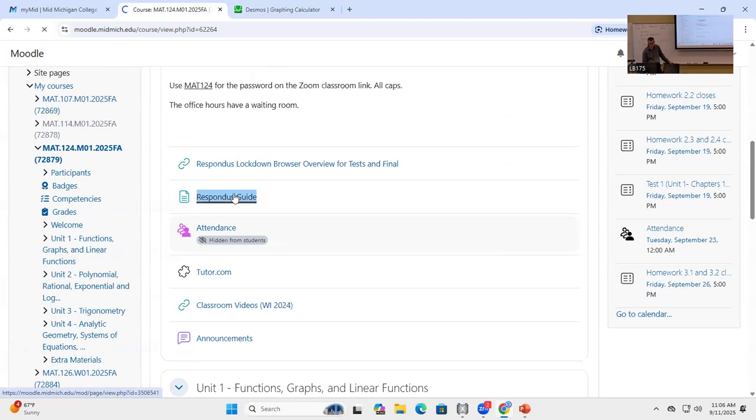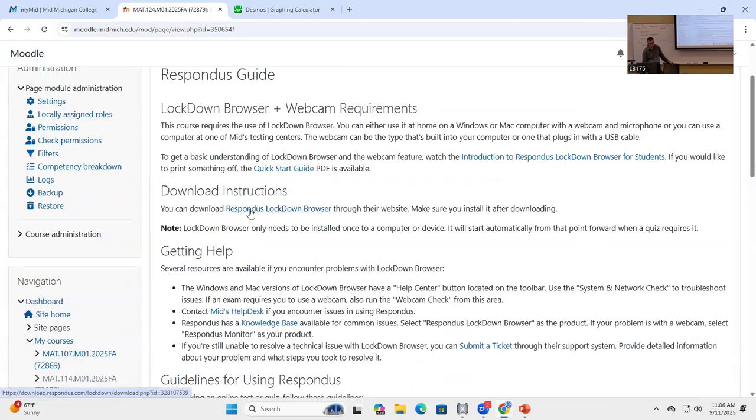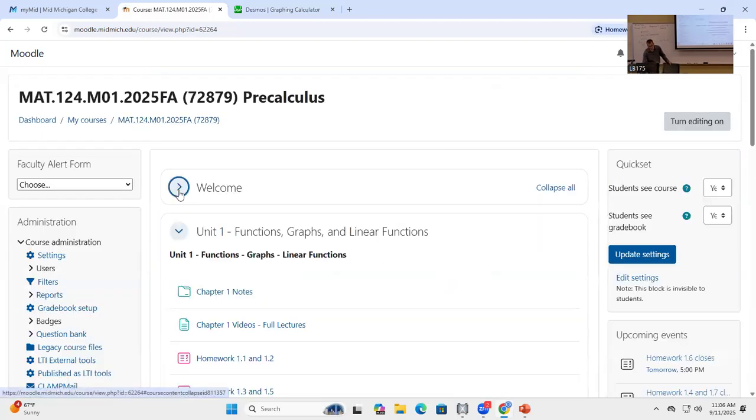just click on the Respondus guide, and then you can download the lockdown browser there. That'll take you through all the steps. It's pretty straightforward. One thing about the Respondus browser: it works really well on PCs and Macs, but because of the way storage is done on Chromebooks, it doesn't work nearly as well on Chromebooks.